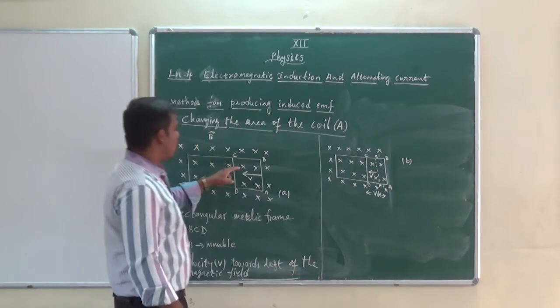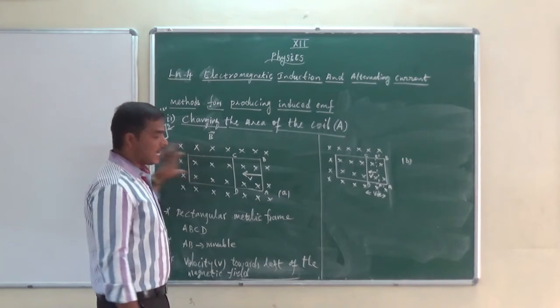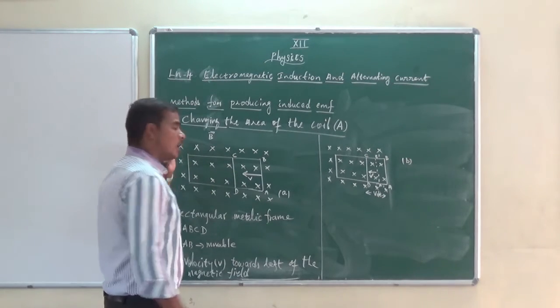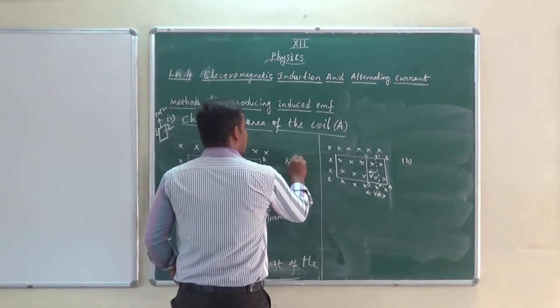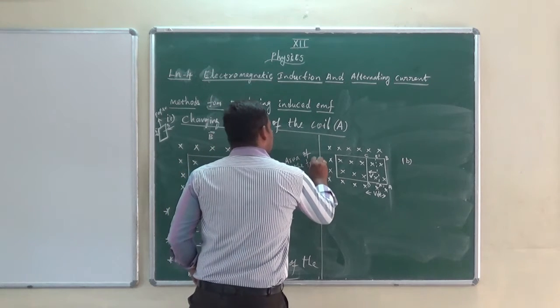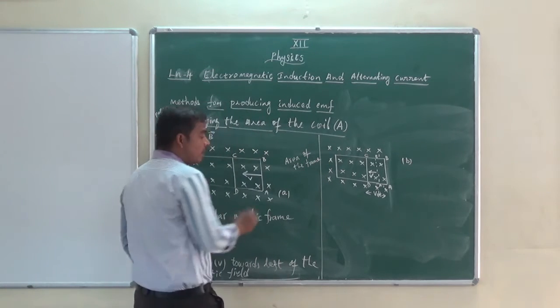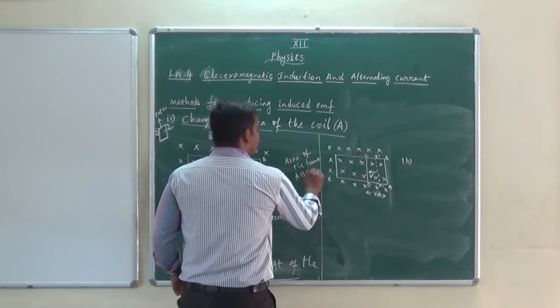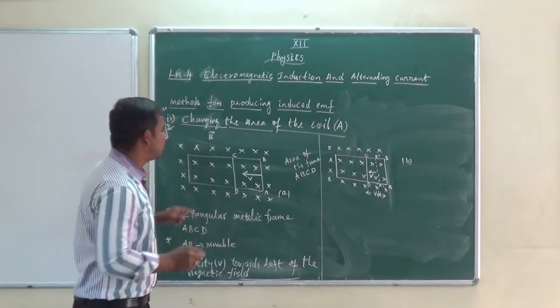Before moving the rectangular frame towards the left, what is the area of the frame? The area of the rectangle is length into breadth, AB into CD.